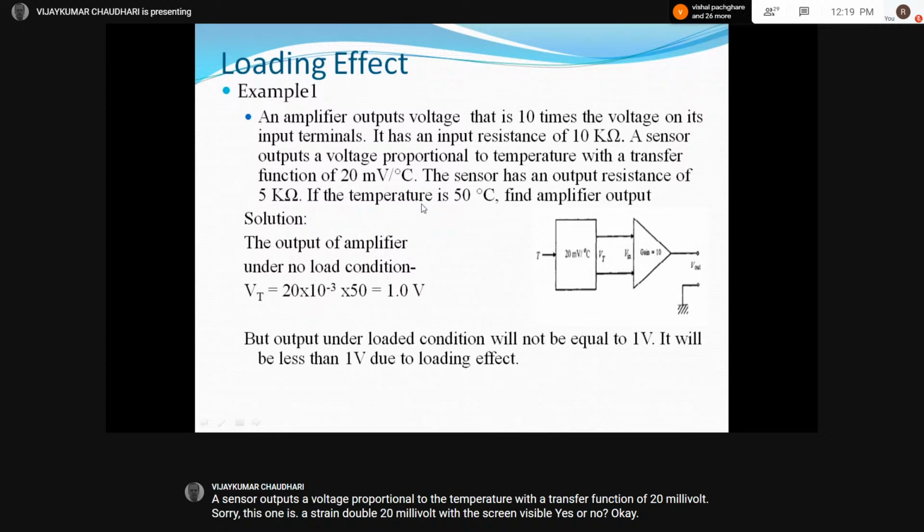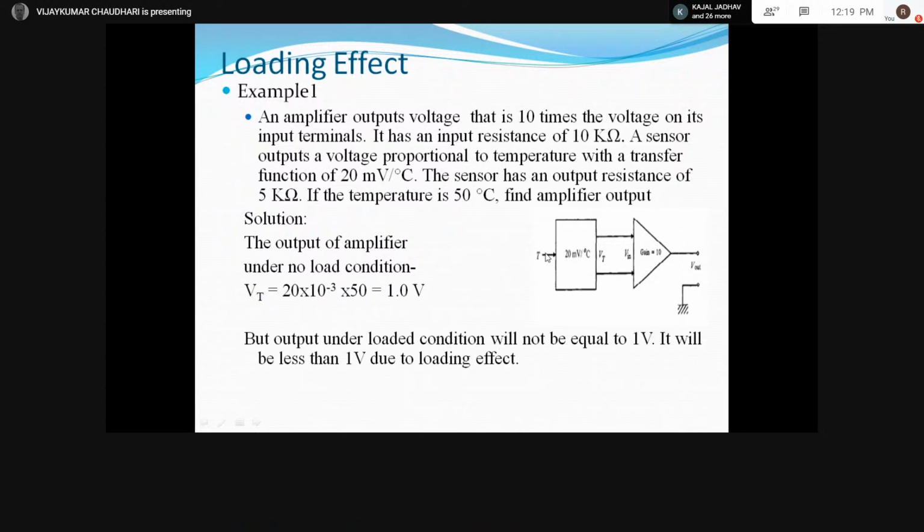The sensor parameters are 20 millivolt per degree Celsius sensitivity and 5K output resistance at the output terminals of the sensor, whereas the input resistance of the amplifier is 10K and the gain of the amplifier is 10. With this given data, we have to find the output voltage for an input temperature of 50 degrees Celsius.